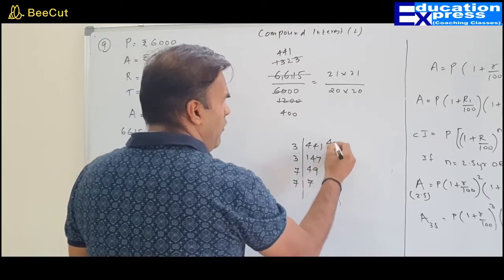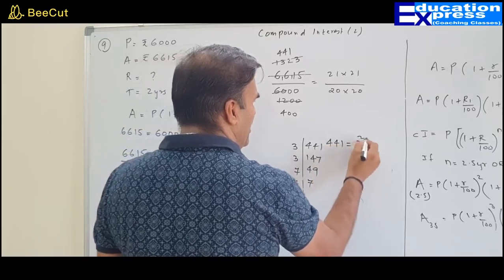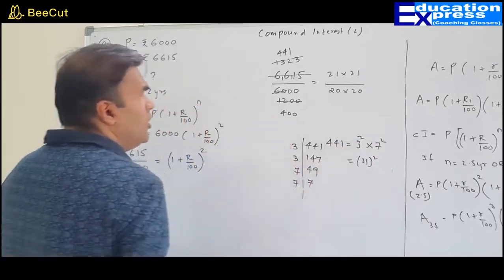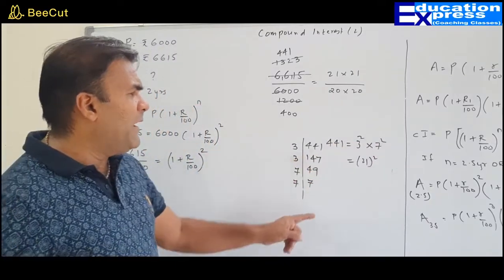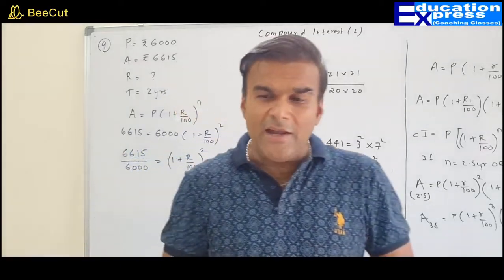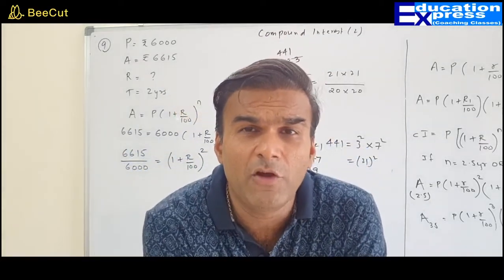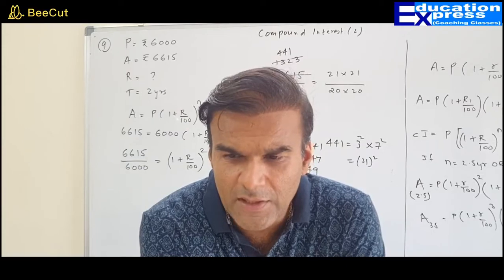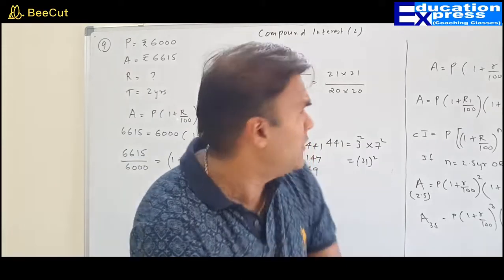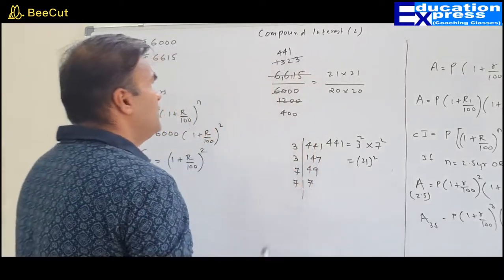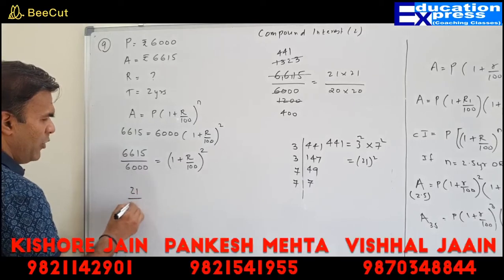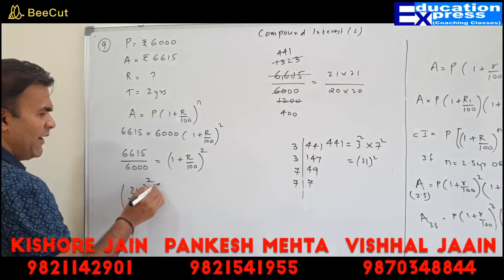So 441 is nothing but 3 square into 7 square, which is 21 square. In case you don't know, you can find it by the prime factorization method also. Last year in standard 8, we all have done the chapter on squares and square roots. There is a simple way of finding out the square root of a number. So this can be written as 21 upon 20 squared.